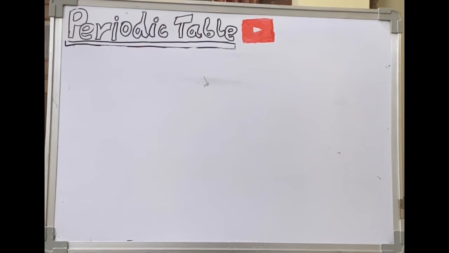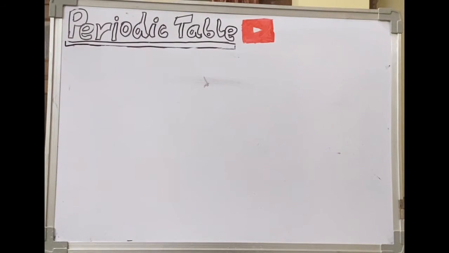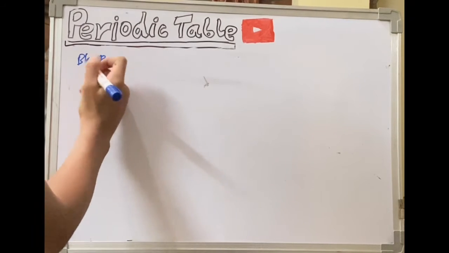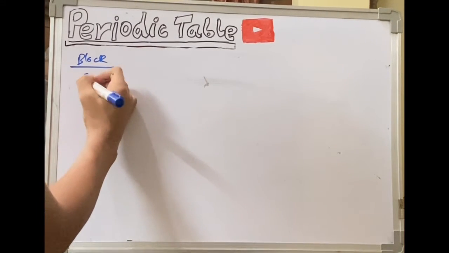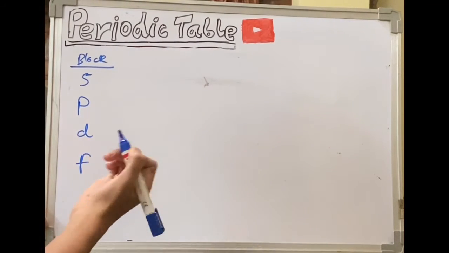There are a few tricks that we use to find the group number and the block number. Firstly, we'll take the table. So block, okay, just note this table down, it's very important. S, P, D, F.